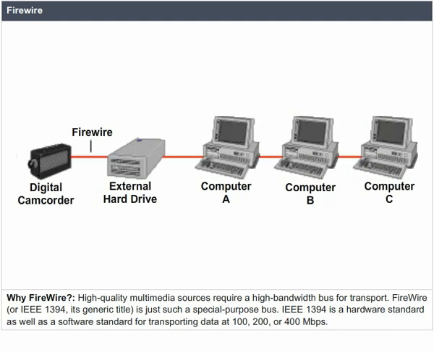Why FireWire? High-quality multimedia sources require a high bandwidth bus for transport. FireWire, or IEEE 1394, its generic title, is just such a special purpose bus. IEEE 1394 is a hardware standard as well as a software standard for transporting data at 100, 200 or 400 Mbps.